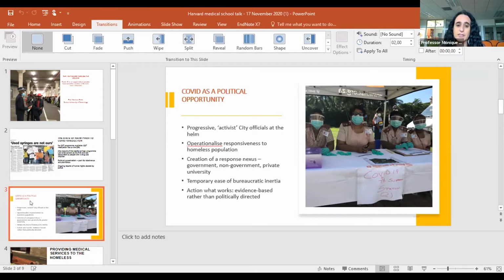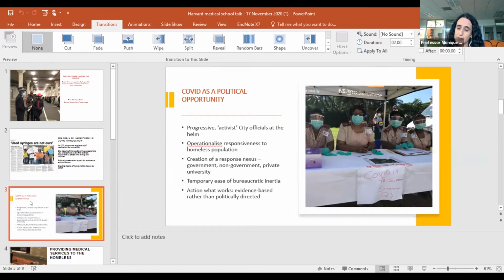As a result, we had a deputy mayor who decided to operationalize a network of both state and non-state actors to respond in a very radical and humane way to people that were homeless.